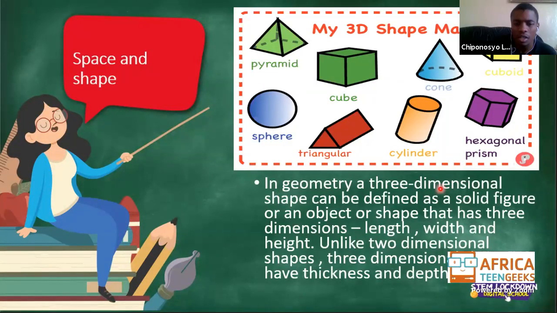Solid, so it's not flat. Like our friend here in 2D, it's flat, as you can see. It's not flat. Or an object or shape that has 3 dimensions.